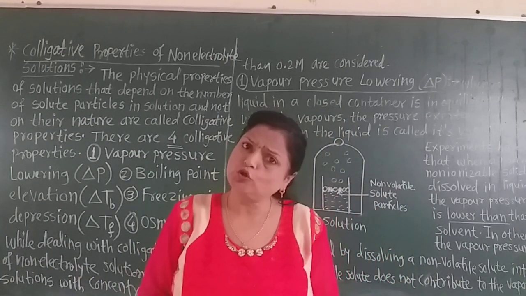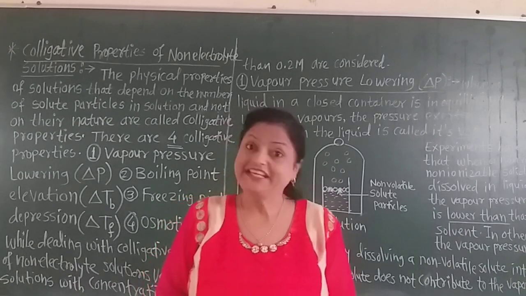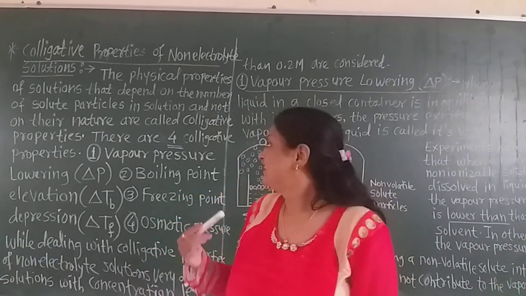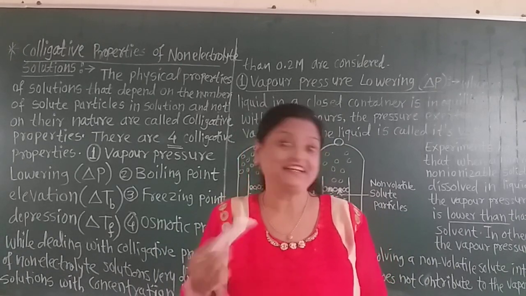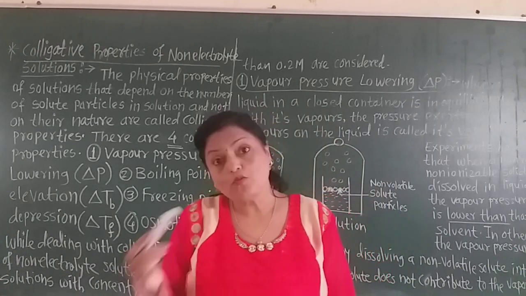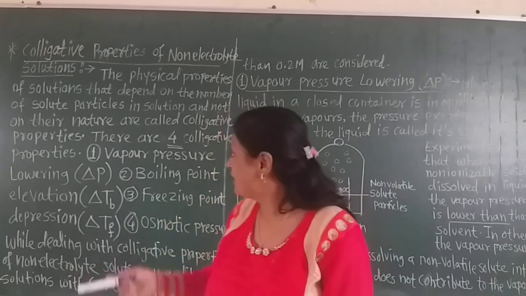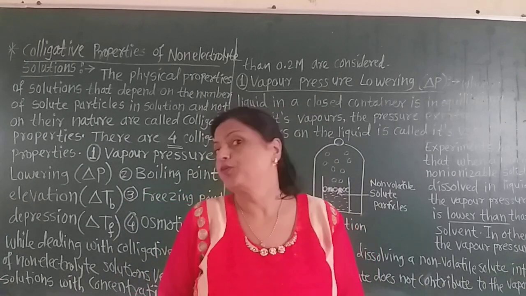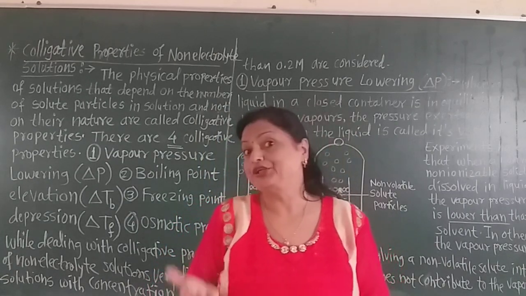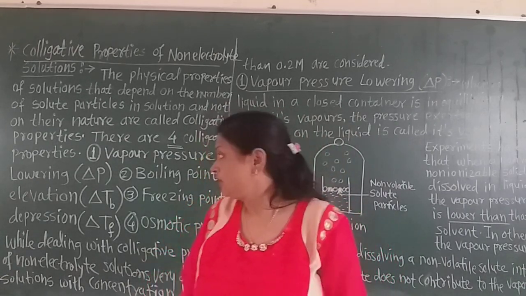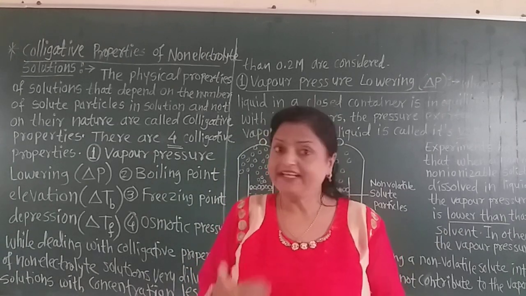As the number of solute particles increases, the vapor pressure decreases more and more, so there is more lowering. So vapor pressure lowering is a colligative property which depends on the number of solute particles present in the solution. Then we will see one by one in detail.